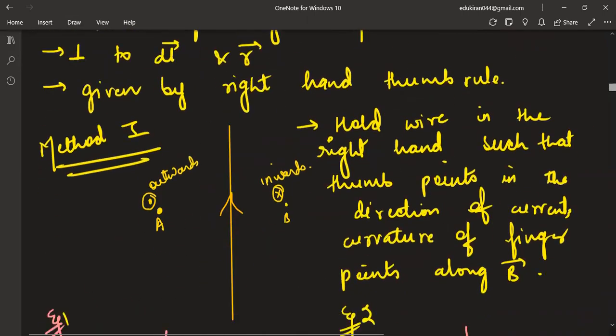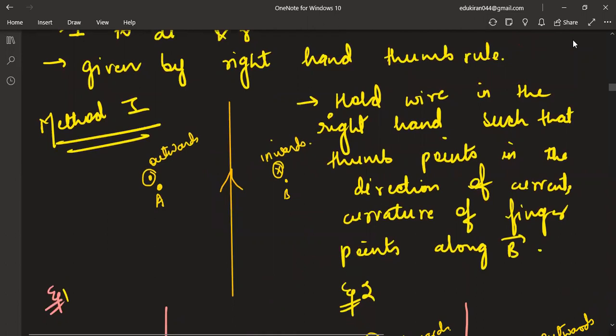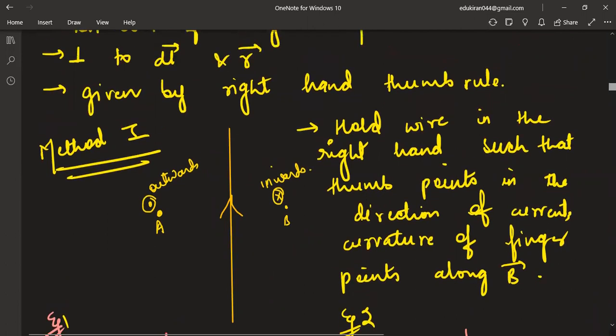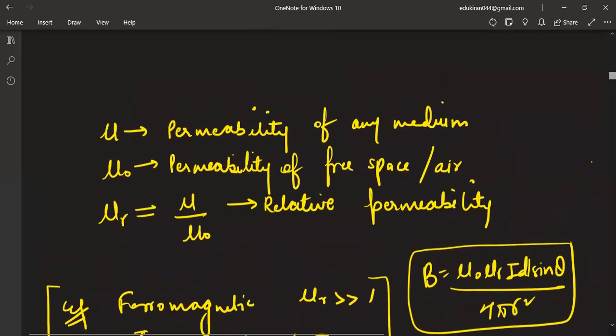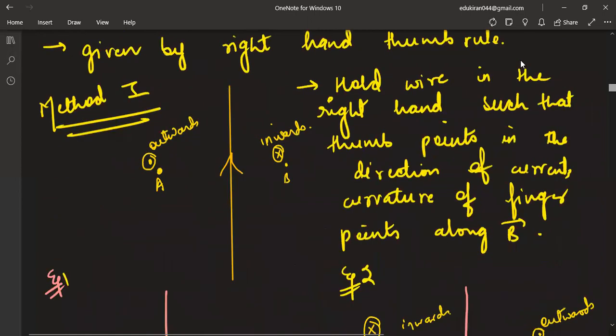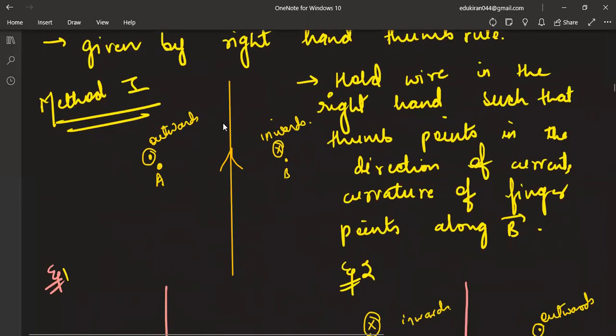Regarding the direction, here direction is very, very important. I'll tell you briefly about the direction, because obviously we cannot study the directions in detail, and all of you must be aware of them. Let's say we have a straight wire here. At this particular point A, I want to find the direction.